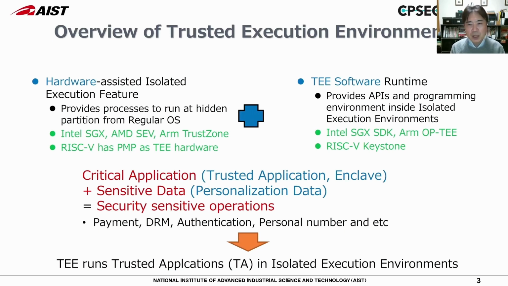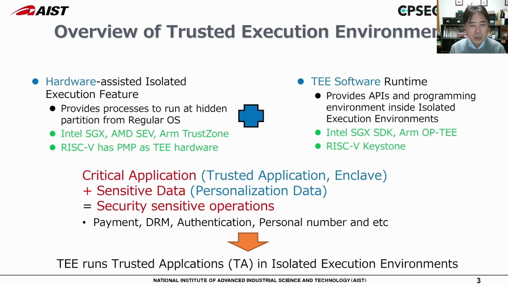On the software side, we really need an API and SDK to make the TE application runnable on Intel, ARM, and RISC-V CPUs. Intel provides the Intel SGX SDK. ARM has many different kinds of TE software, and one of the TE SDKs we're using today is OP-TEE because it's open source. For RISC-V, there's a project called Keystone from UC Berkeley.